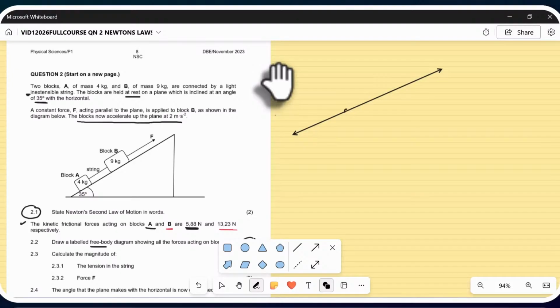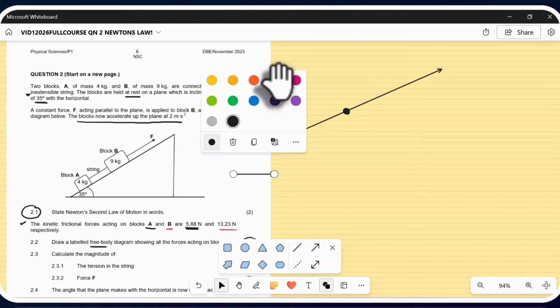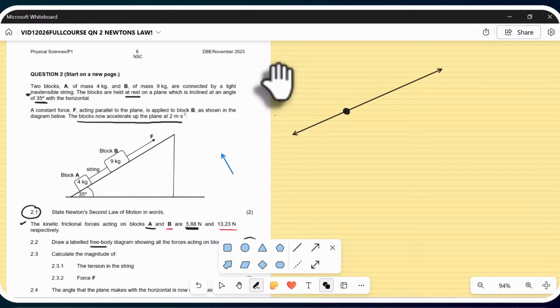Then for this free body, the surface exerts a normal force. Now the normal force must be normal, which in mathematics means perpendicular to the surface.